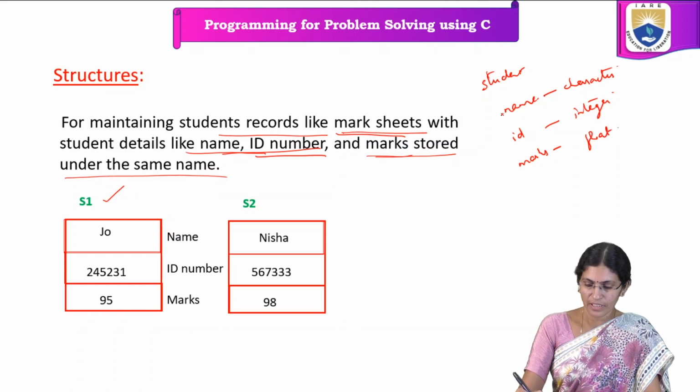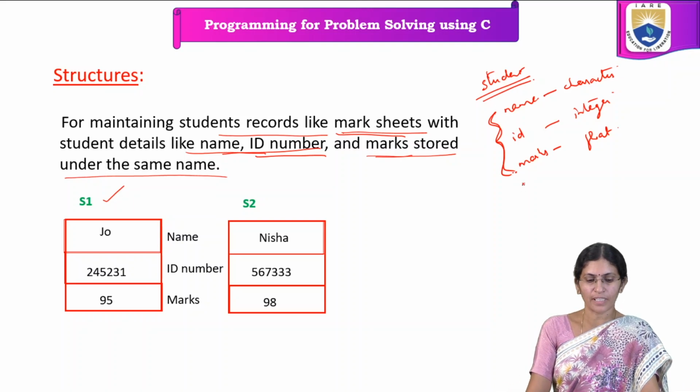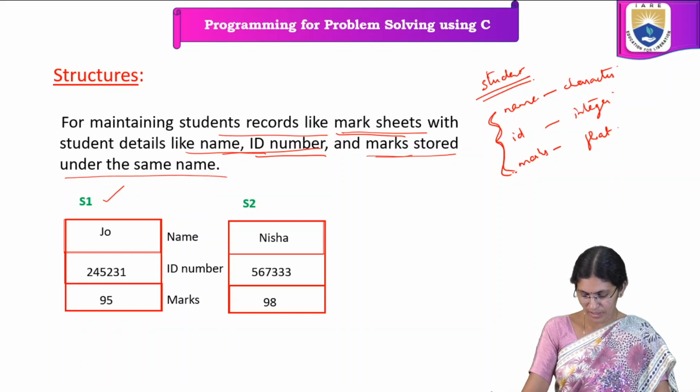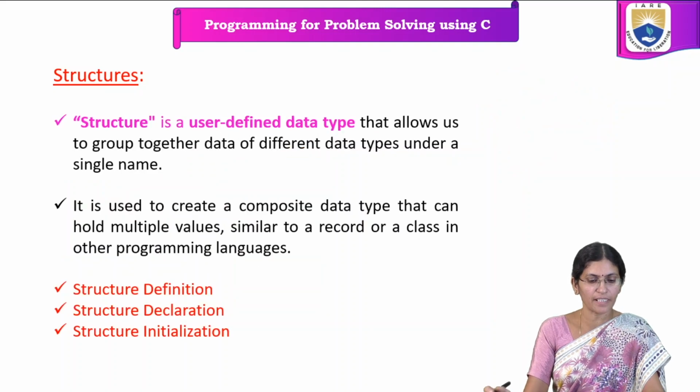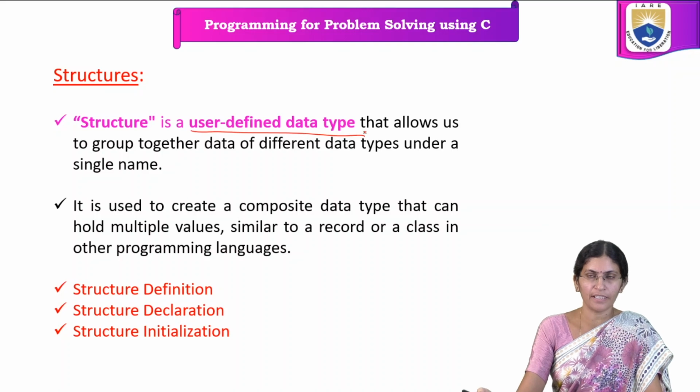Then we can combine all this data for the particular student. We need to store all these different data of this particular student under the same name. That is called a structure. So we can say that this is how we can define a structure. It is a user defined data type.